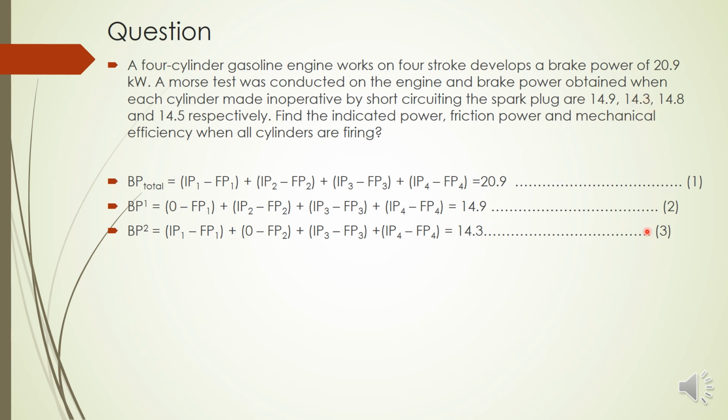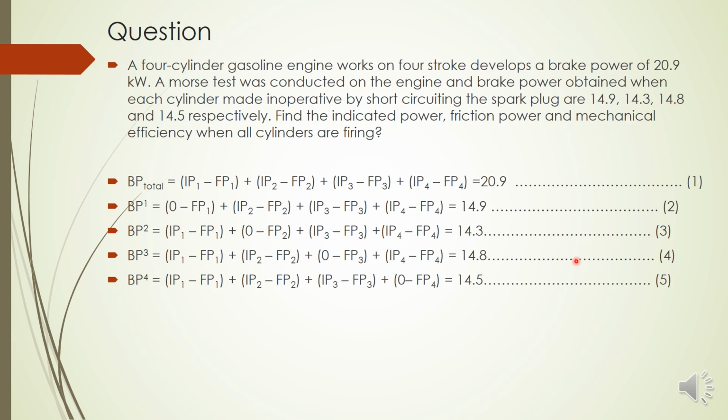That is equation 3. Similarly, for the third cylinder cut off, we have IP1 minus FP1 plus IP2 minus FP2, but now IP3 becomes 0 and all other terms remain the same, and that is 14.8. Finally, for the fourth cylinder cut off, the power is BP4, which is 14.5, and in this IP4 will be 0.